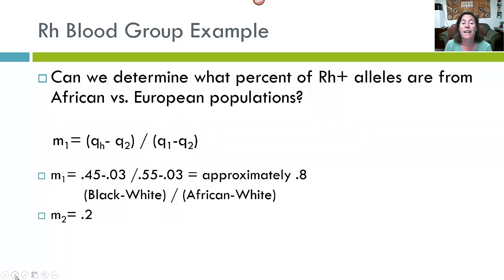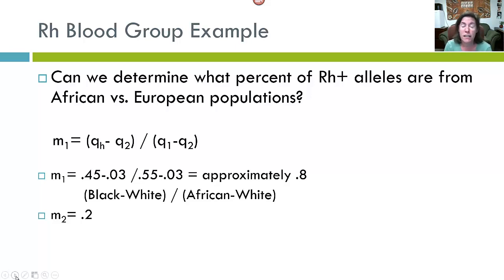The question is, can we determine what percent of Rh positive alleles in the American black population are from their African ancestry versus admixture from European populations?